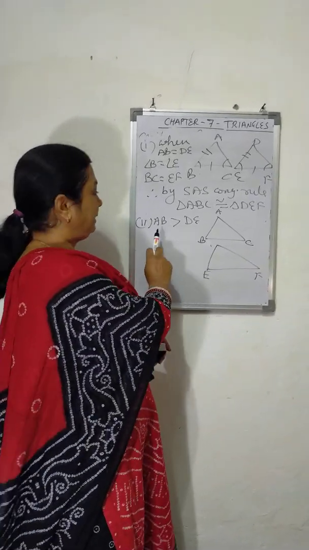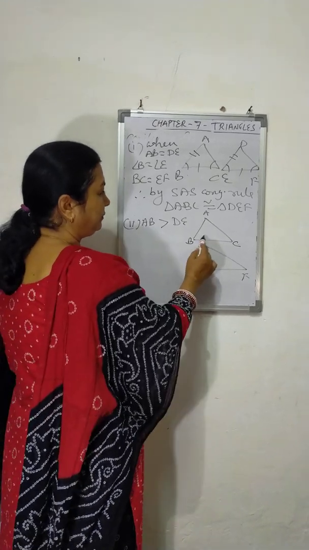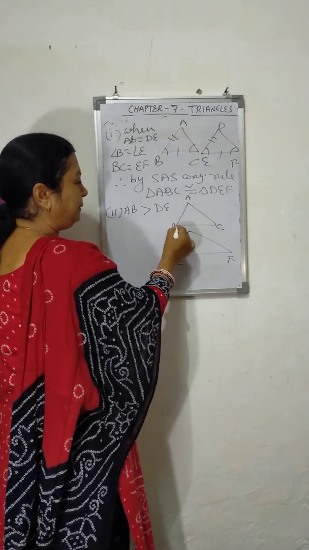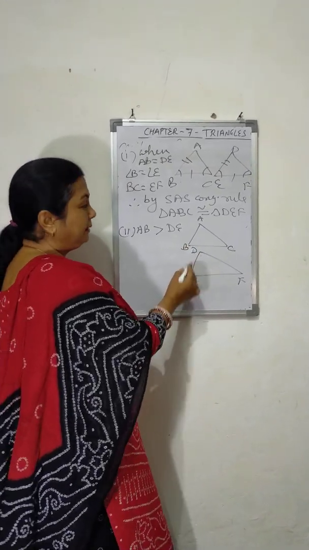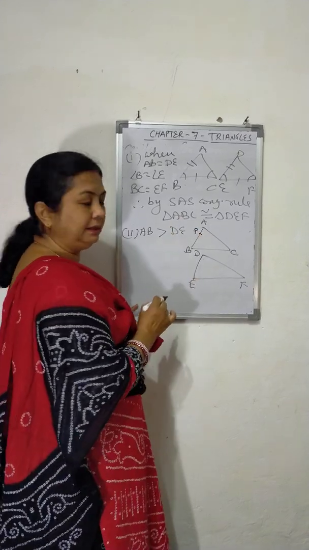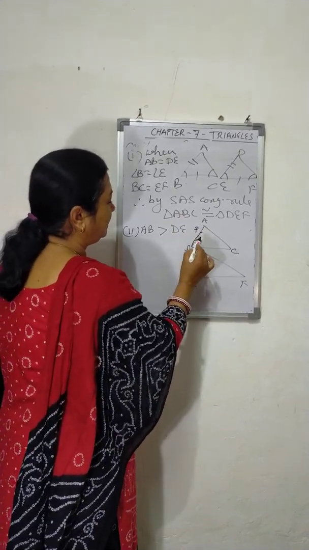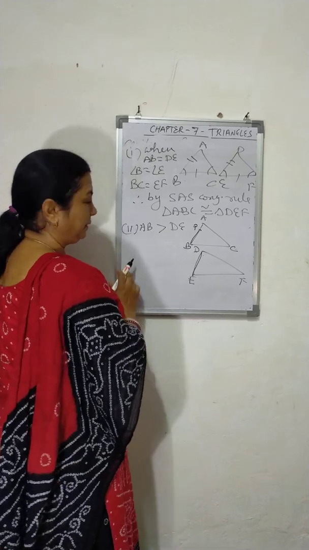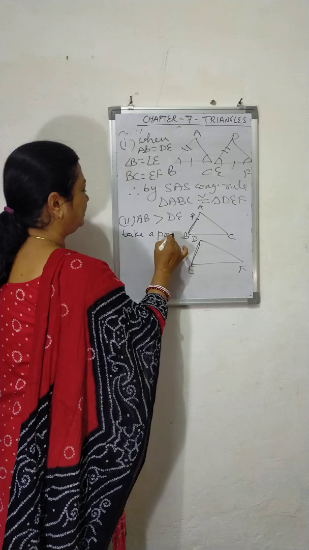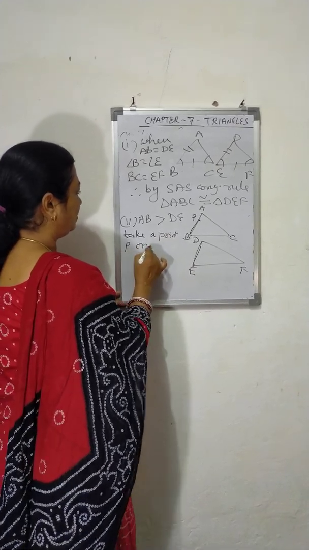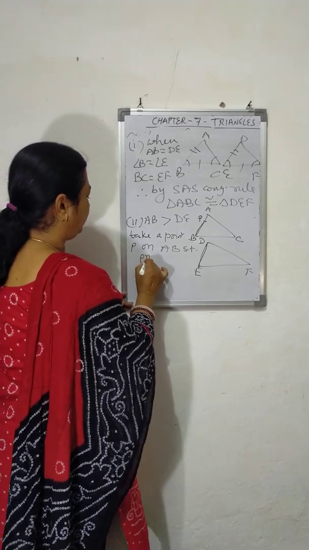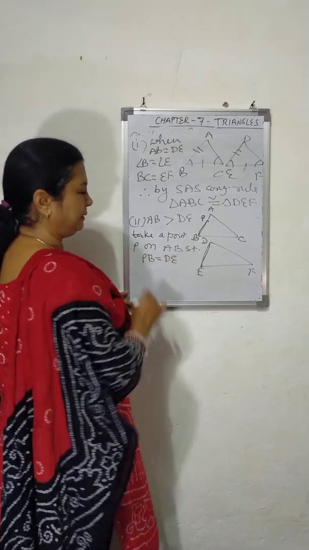If AB is greater than DE, then we can take a point P on AB such that PB is equal to DE.